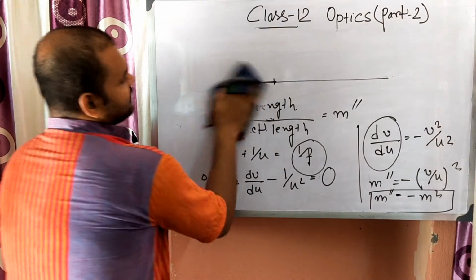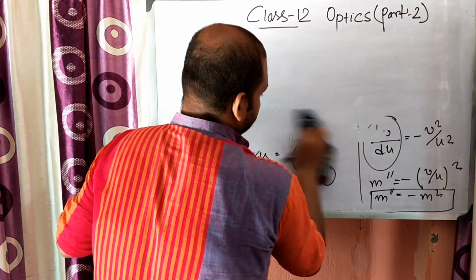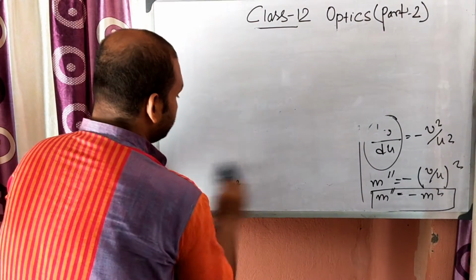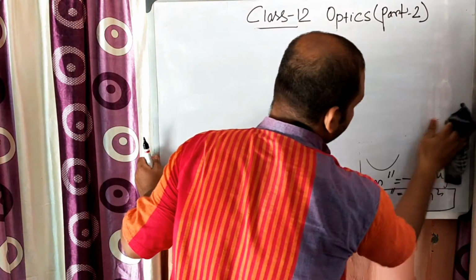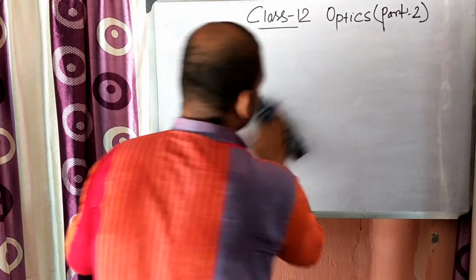Now let us check one thing, that a convex mirror always forms a diminished image. So from where can you find it out? You can find it out from here.